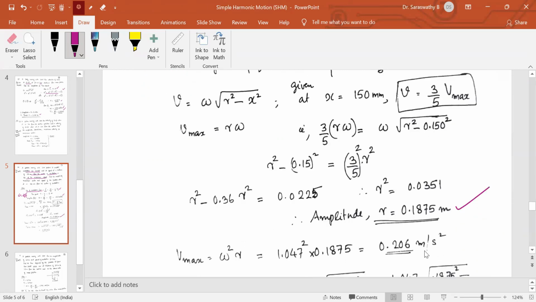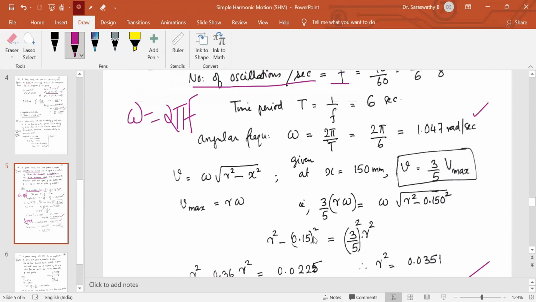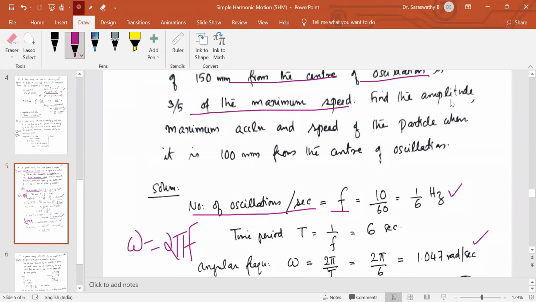Once we get the amplitude, we find the maximum acceleration. You are asked to find out the maximum acceleration. A max is equal to omega squared r. So omega squared into r will give the maximum acceleration.